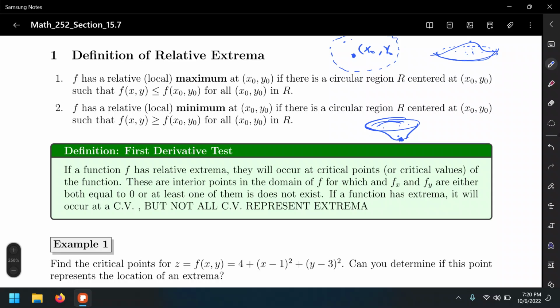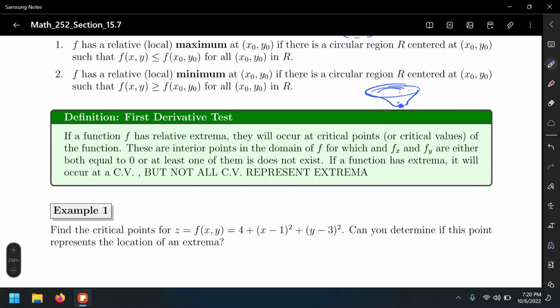So just like functions of one variable in Calc 1, and I don't think we did anything in Calc 2 with max and mins. No, we didn't. So maximums and minimums occur at critical points, and those critical points are obtained by finding the first derivative, setting the derivative equal to 0, and then doing the test, right?